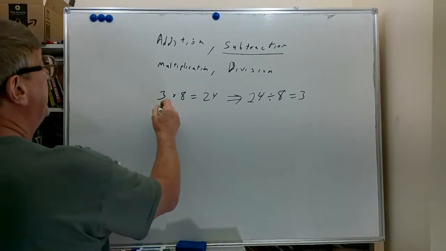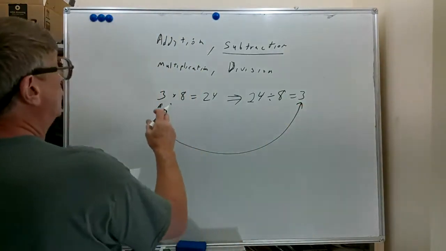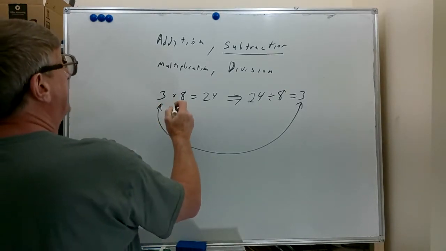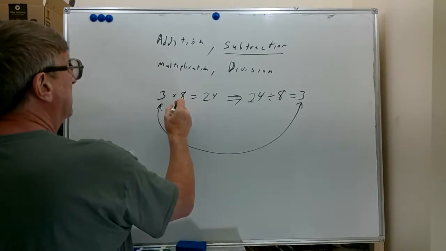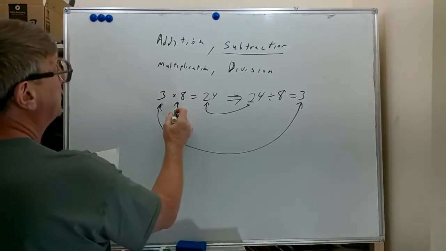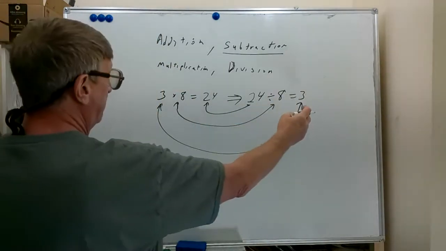So we started with 3, and we ended up with 3. We took the 3 we started with and multiplied times 8. We ended up with 24. Here we divided the 24 by 8 and got back to 3.